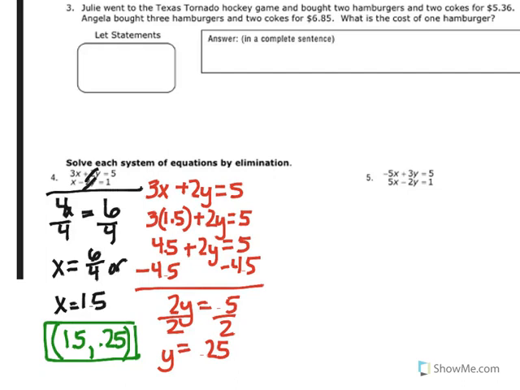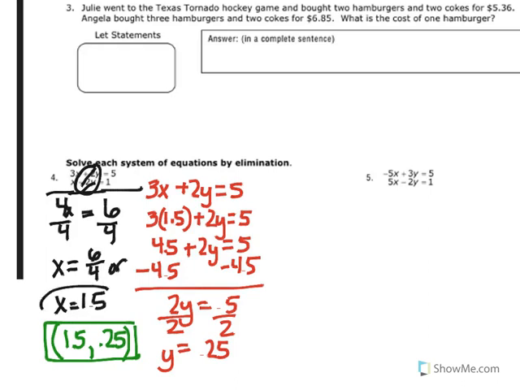Okay, for number 4, you don't have to multiply by anything, just combine your 2 equations, and when you do that, these y's right here in the middle eliminate, plus 2y minus 2y. So you get 4x equals 6, divide by 4, and x equals 6 over 4, or 1.5.